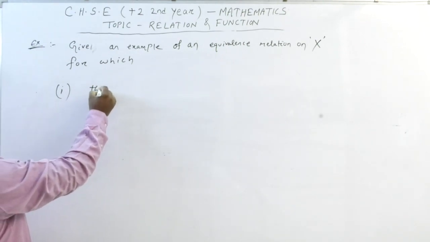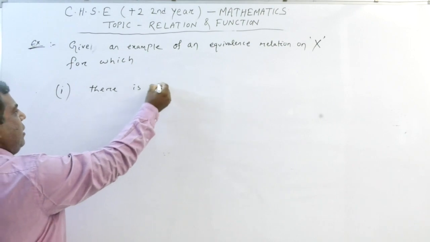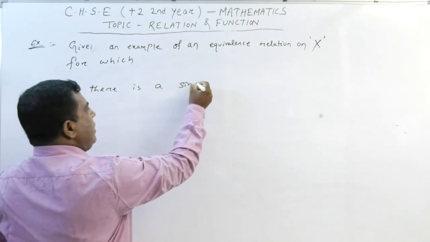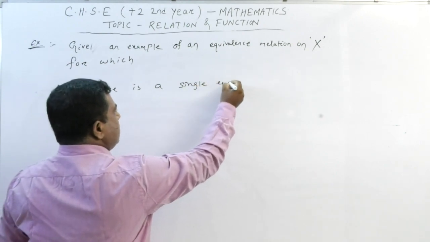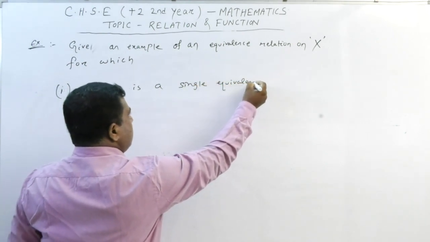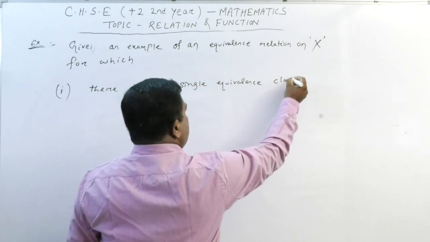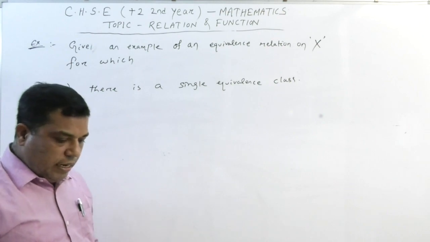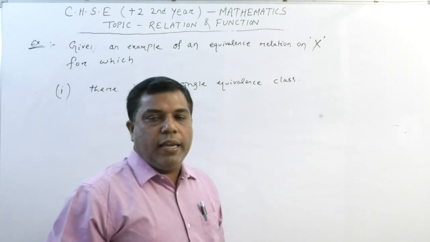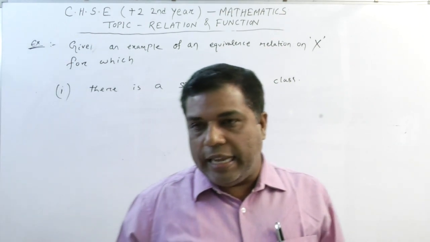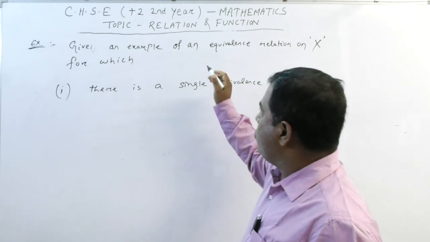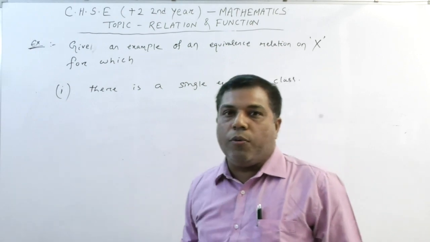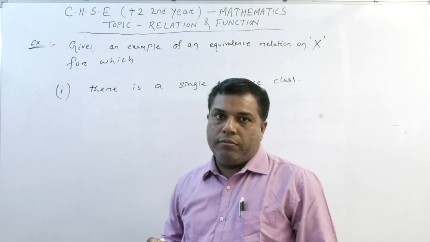There is a single equivalence class. So we have to form a relation which should be equivalence, in such a manner that only a single equivalence class can be found.